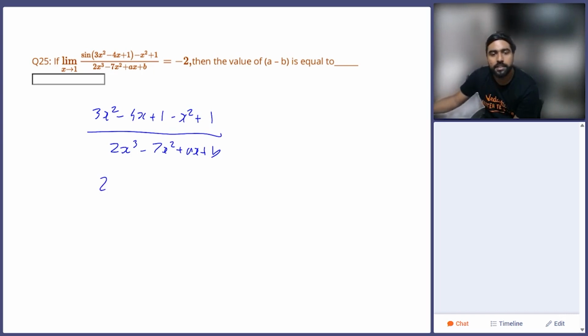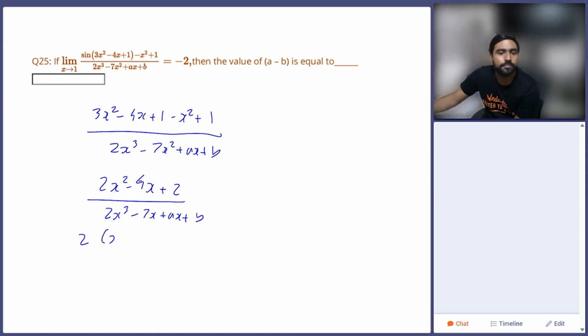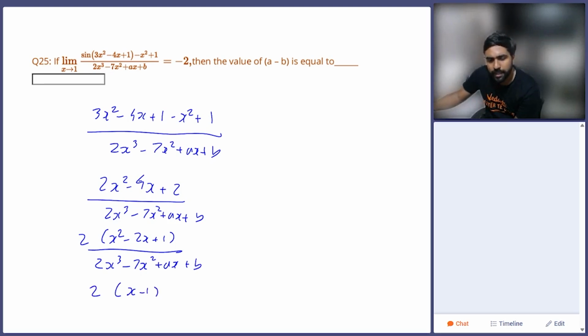So the numerator tends to (3x² minus 4x plus 1) minus x² plus 1 over 2x³ minus 7x² plus ax plus b. Over here, what I have is basically 2x² minus 4x plus 2 upon 2x³ minus 7x² plus ax plus b, which is 2 times (x² minus 2x plus 1), which is 2 times (x minus 1) whole square upon 2x³ minus 7x² plus ax plus b.